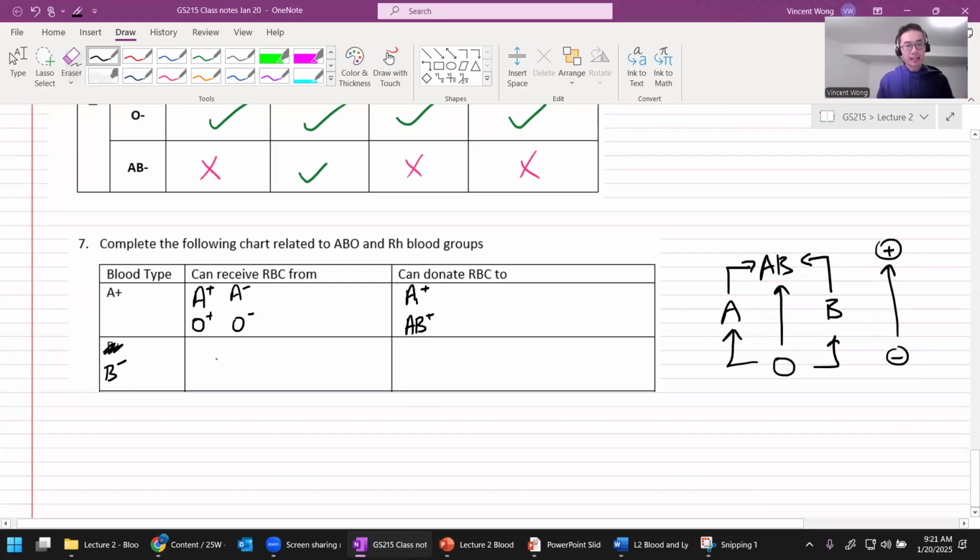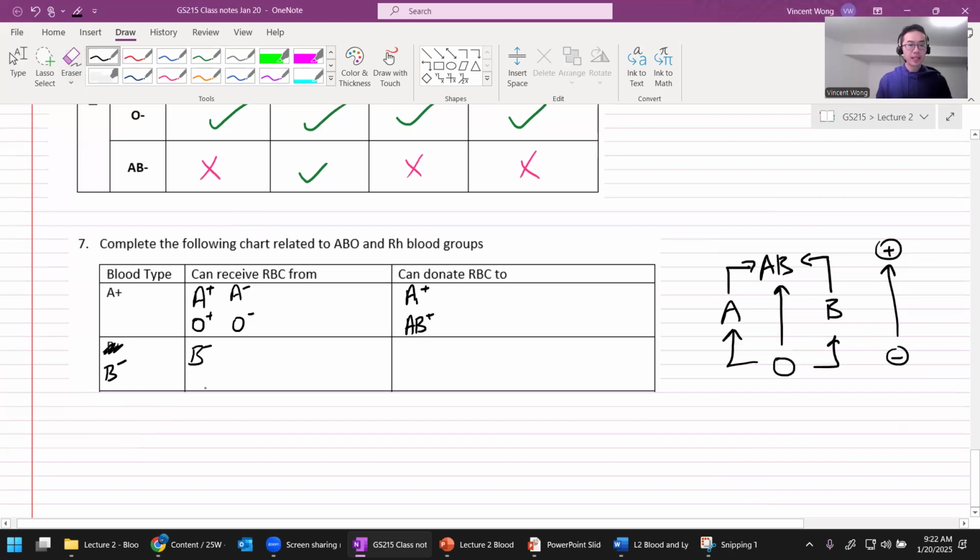If you are B negative, who can you receive from? I'll give you a minute to think about that. Who can B negative receive RBC from?